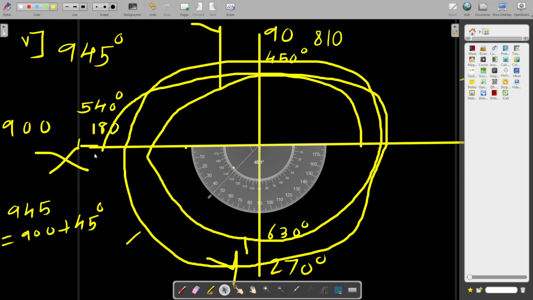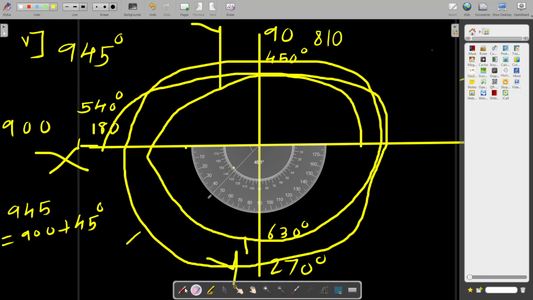So 900 plus 45, where does it come? So this is your first quadrant.